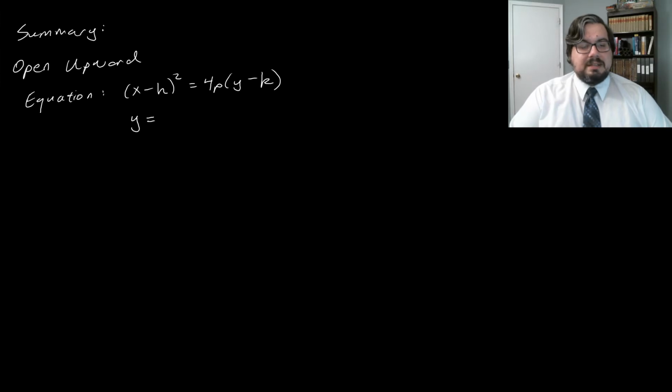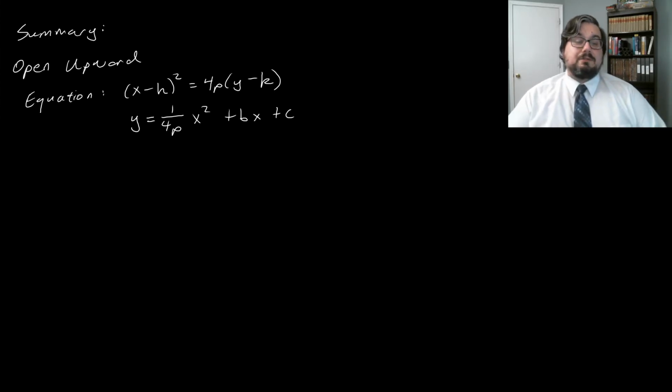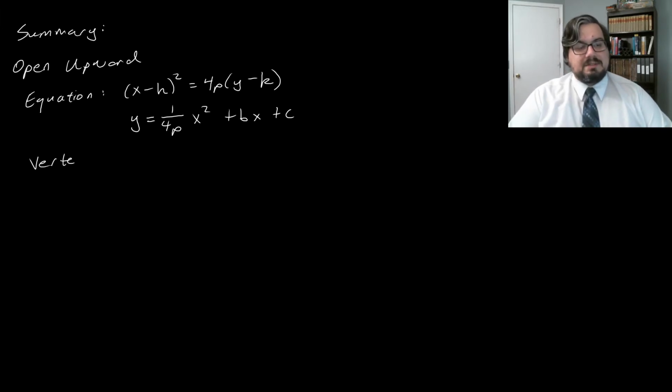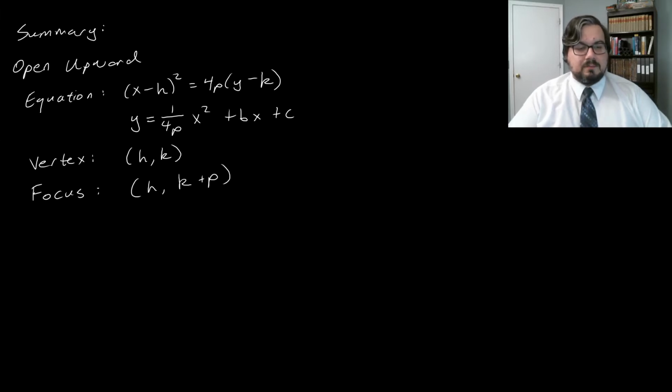But we also see it in the form y equals 1 over 4p x squared plus bx plus c for some real numbers b and c. When this is the case, the vertex occurs at the point h comma k. The focus is at the point h comma k plus p. And the directrix is the line y equals k minus p.